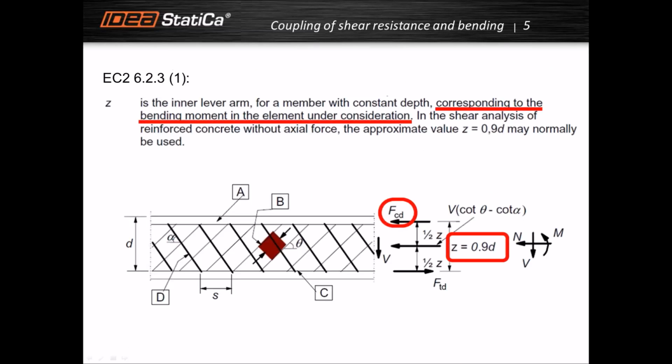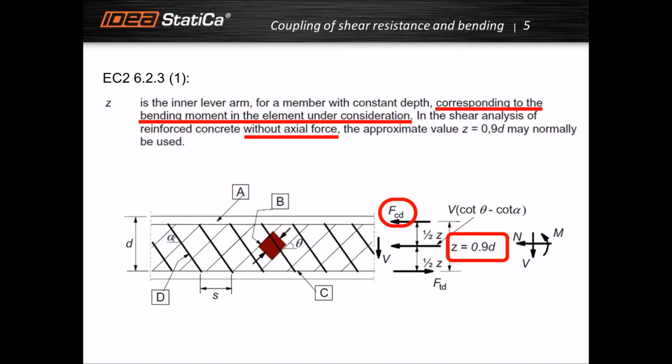The code in clause 6.2.3 paragraph 1 mentions that this inner lever arm corresponds to the bending moment in the element under consideration, and there is also a picture here which shows that this z parameter is related to fcd. This coupling mechanism of the shear resistance and bending is taken as a main assumption in the Eurocode.